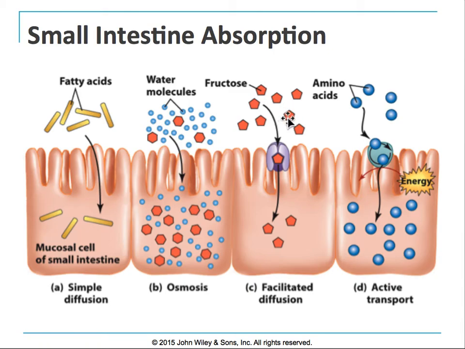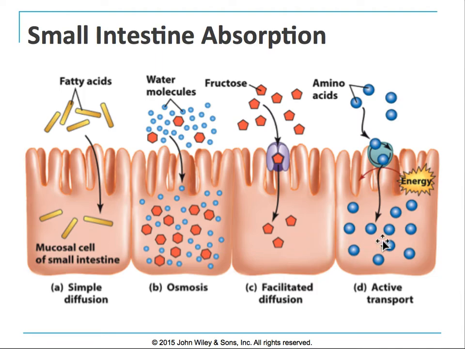It isn't really, but for the sake of this diagram, it takes on kind of a weird shape, and that shape is unable to just move through the villi. So this purple object here is representing a helper protein. So the fructose has to move through the helper protein in order to be able to move through the intestinal membrane.